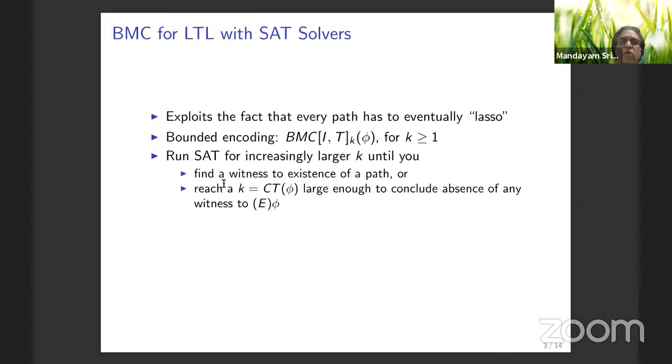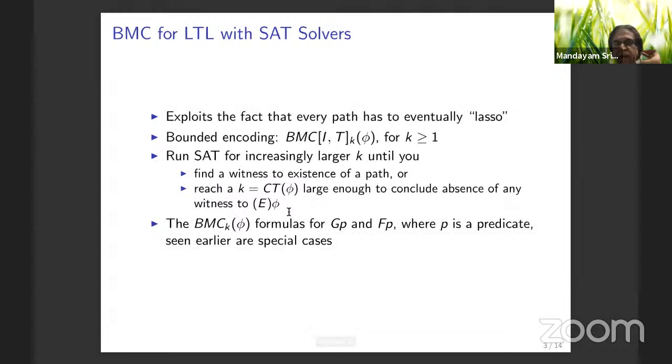We run the SAT for increasingly larger k until you either find a witness to the existence of a path, or you reach a completeness threshold that is large enough to conclude absence of any witness. So that is the bounded model checking framework.